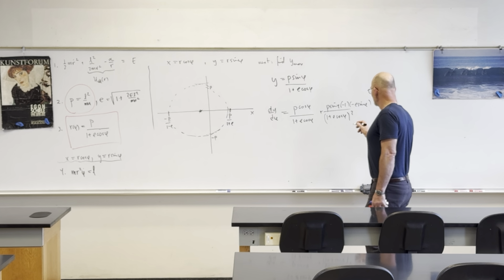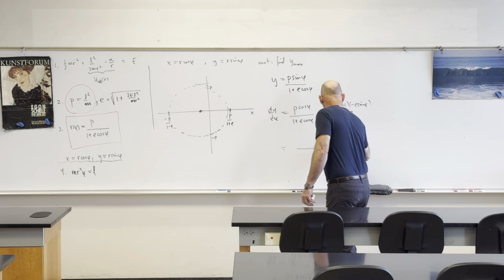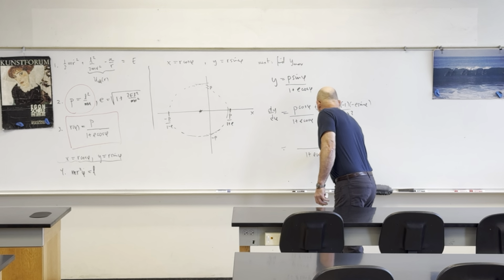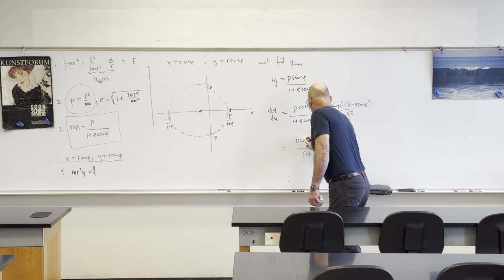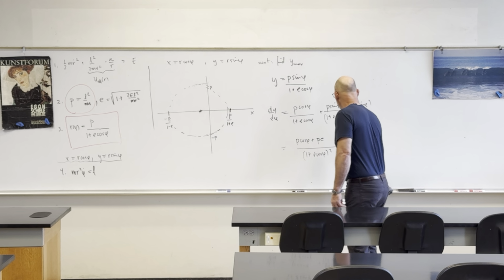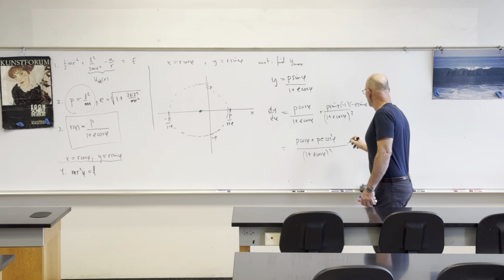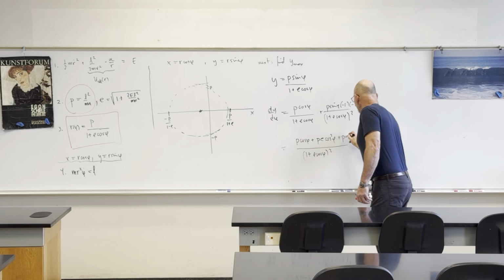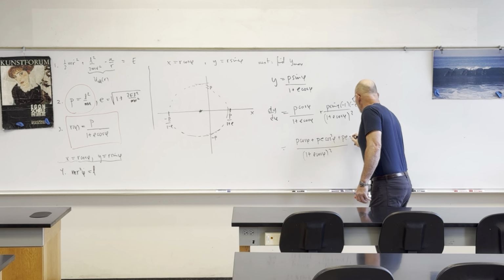Okay, good. So this time we'll get that common denominator, same common denominator, 1 plus e cos phi squared. We'll have p cos phi plus p e cosine squared phi plus p e sine squared phi.